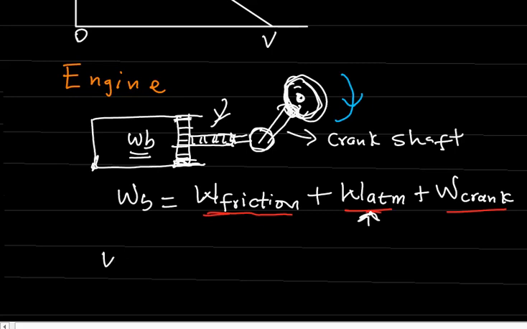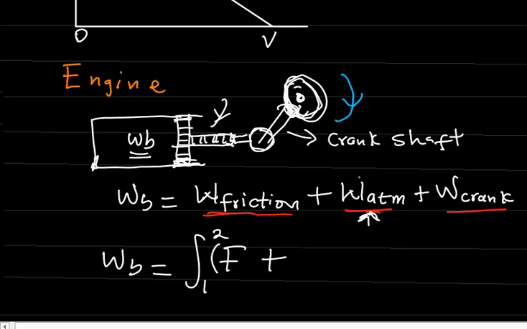So let's write it in terms of their integral value. From point 1 to point 2, that is work against friction. The work against friction, of course, is going to be force, frictional force, times distance.